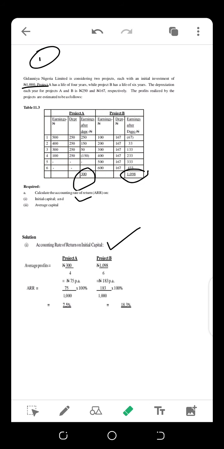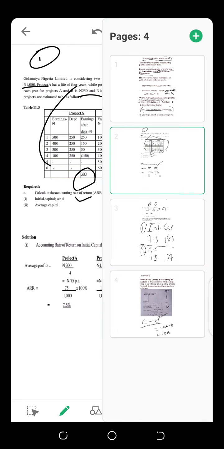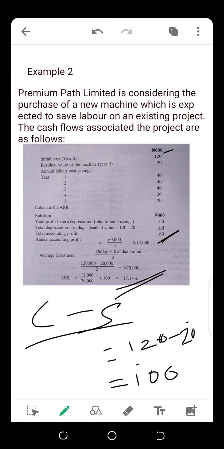If you look at this table, you see that they've assisted us in calculating. But here, it is a raw question where you need to draft out the depreciation yourself. And depreciation is cost minus scrap value. It is obvious, 120, 20 at the end. You see that, meaning there is a difference of 100. That difference is the depreciation.